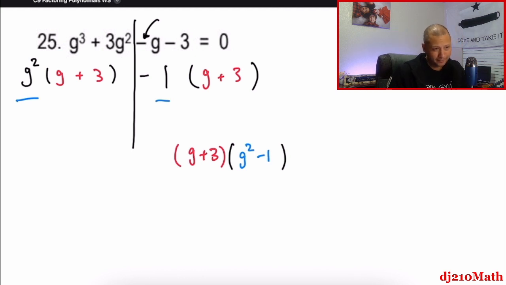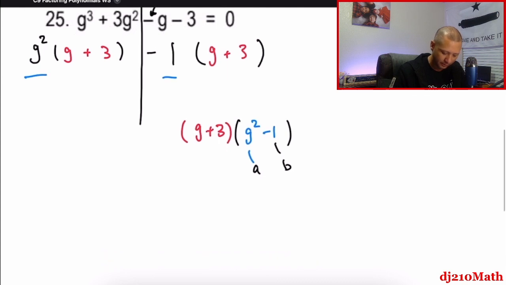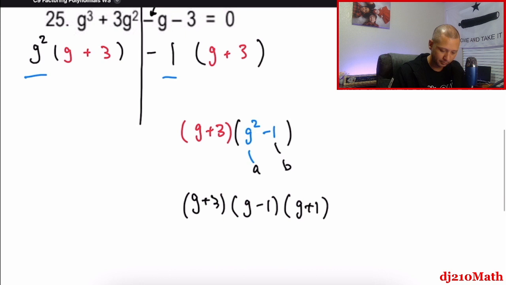Okay, can this be factored? We're always looking for a difference of squares, difference of cubes. So in this case, in difference of squares, g is going to be your a, and 1 is going to be your b. So let's put it together. G plus 3, g minus 1, g plus 1.